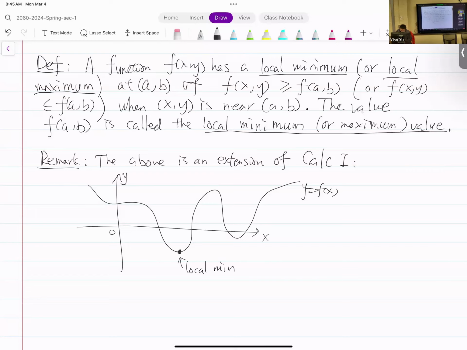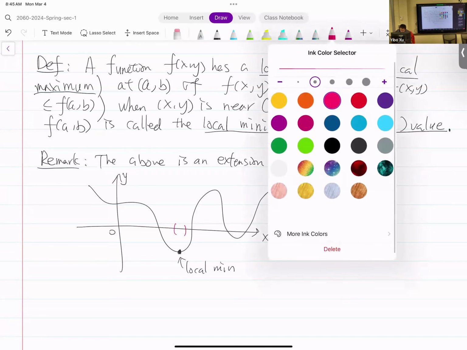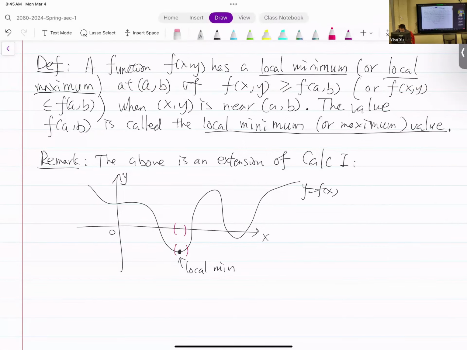In this open interval, the outputs are all higher than the black point. So the black point is the local minimum, right? That's just from the definition of Calc 1. And similarly, this point is a local minimum.